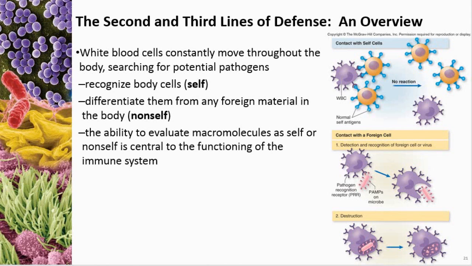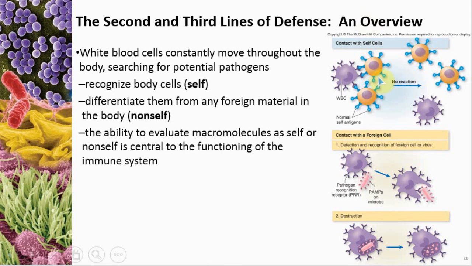So when they come next to a cell, there are antigens and receptors on the white blood cell.